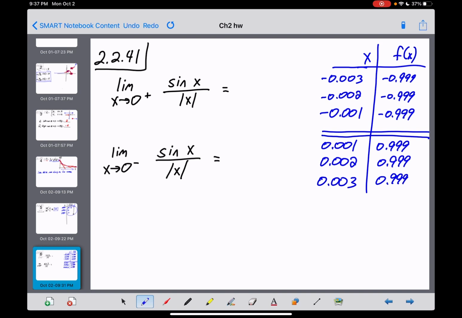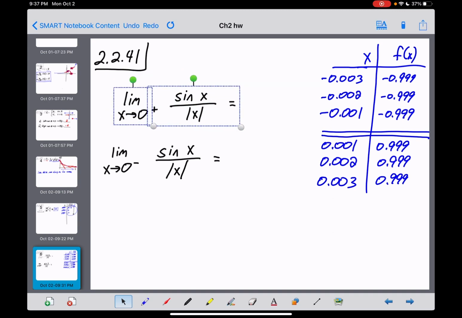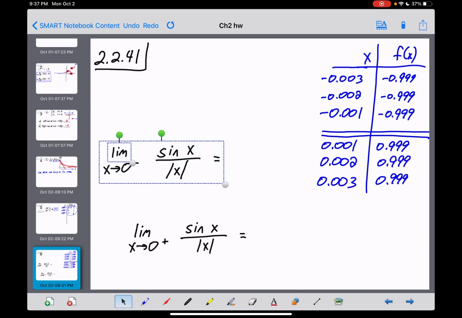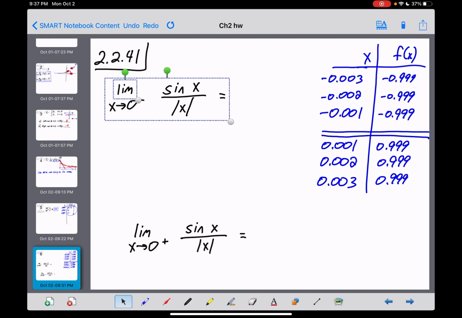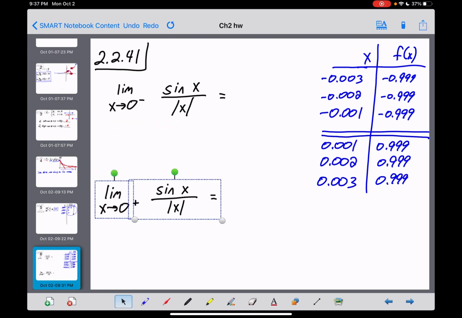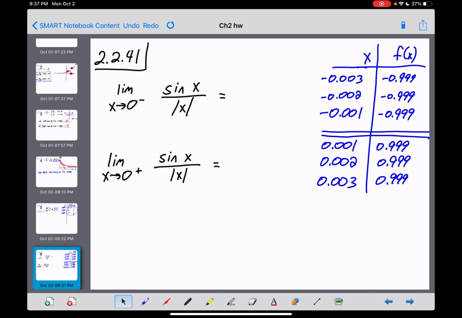I kind of did this backwards, which is dumb now that I think about it. In the table, it would be my right-hand limit that's on the bottom and my left-hand limit up on the top. So that's why I'm going to move all of this around here, guys, because as I said, these values over here are feeding into the left-hand limit. These values over here are getting you towards the right-hand limit.